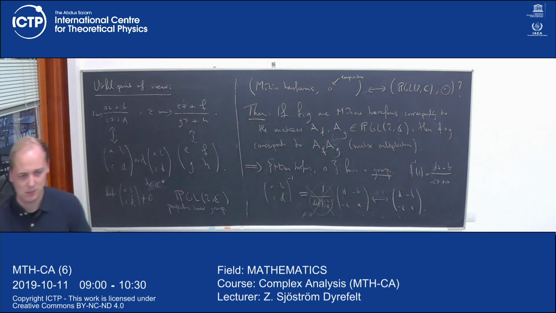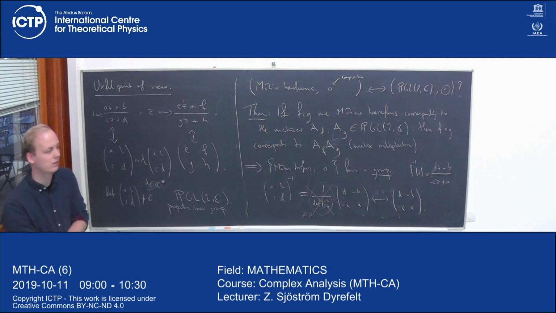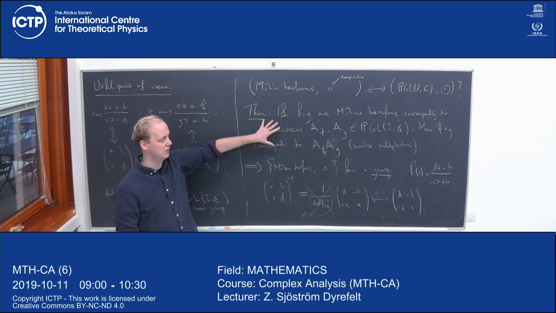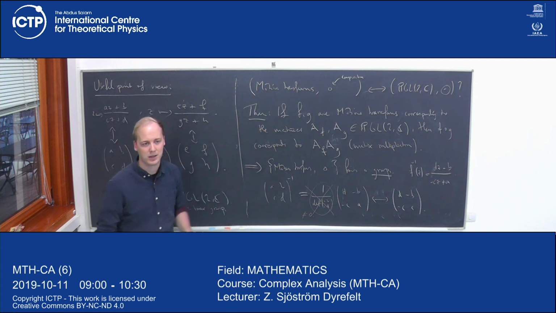So this is the inverse of this Möbius transform, and this would, I think, be much less obvious unless you knew about this beautiful theorem here. This is part of your homework exercise sheet to verify. This is not hard.